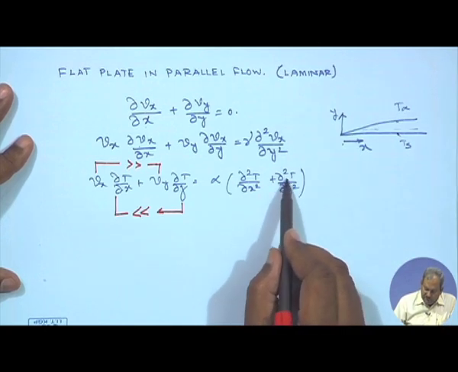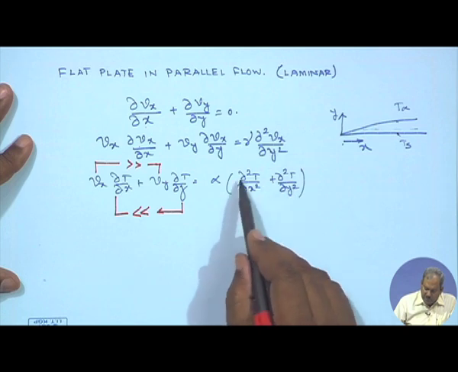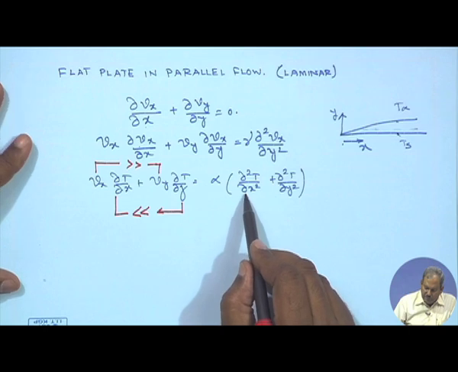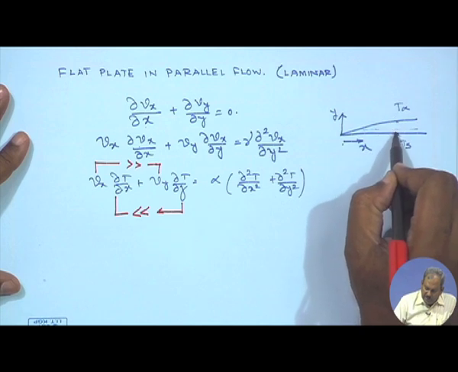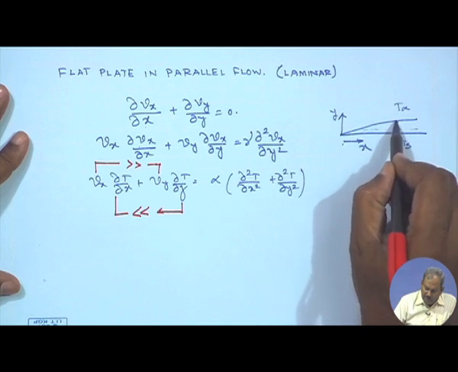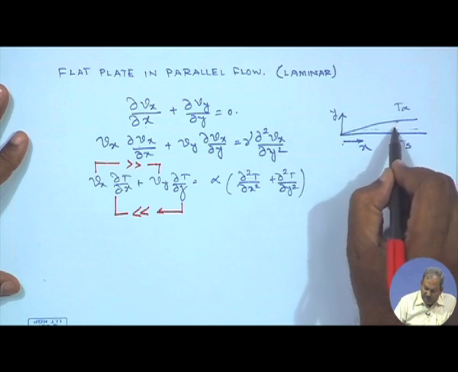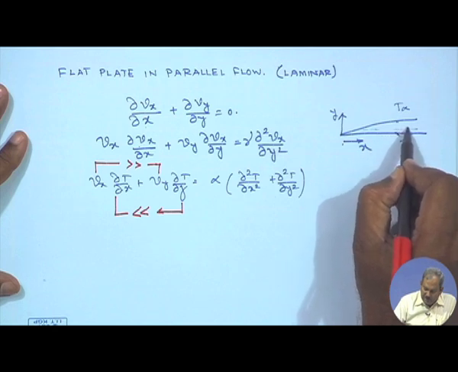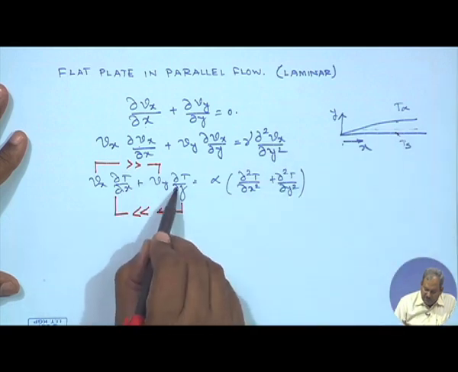On the right hand side, these two terms refer to conductive heat transfer, which is a strong function of the temperature gradient. The temperature gradient in the y direction is going to be very large in comparison to the temperature gradient in the x direction, the same logic as over here.